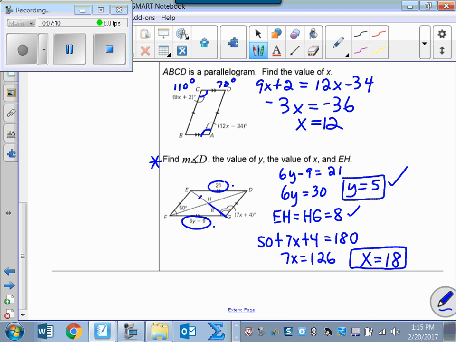And then for x, I had to kind of guess. I think this means that this whole angle here is 50 degrees. Anyway, that's how I worked the problem. I couldn't really figure out another way to do it. So I know that this angle, which is 50, plus this angle down here, which is 7x plus 4, are supplementary because of the theorem. So I said the sum of those measures is 180, and then when I solved for x, I got 18 degrees.